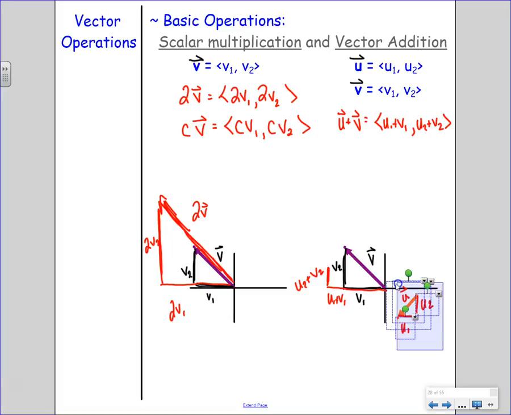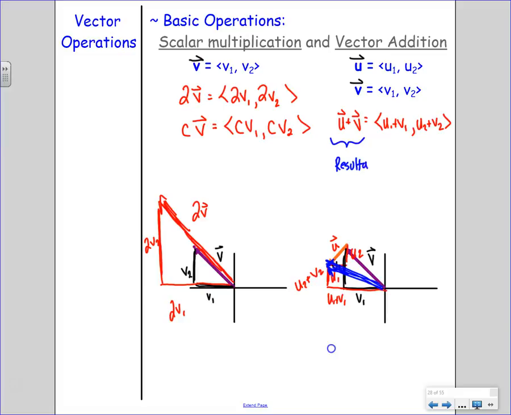It's what occurs when you move one vector head to tail with the other. So v plus u ends up getting, hey, it's your first net or resultant vector. This is your resultant or your net, like you guys saw in those roller coaster pictures.